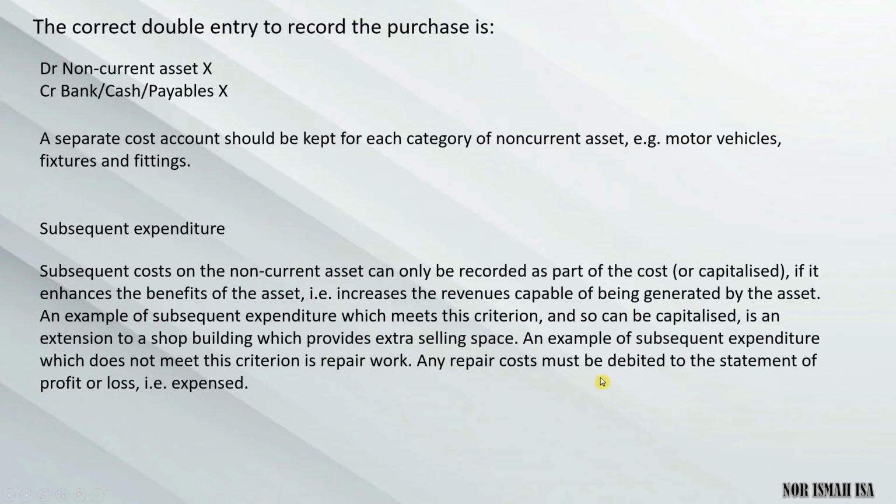So any repair cost must be debited to the statement of profit or loss, or we expense it. Anything that cannot be categorized as capital expenditure, we must expense it and put a debit in the statement of profit or loss.